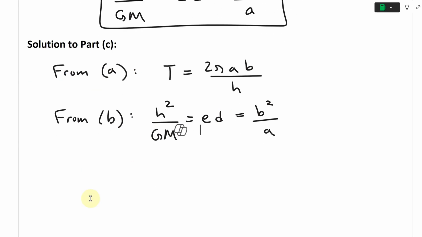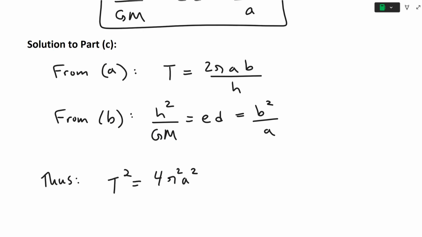Then what we want to do is get T squared. So if we square T, we get 4 pi squared, then A squared B squared over H squared.